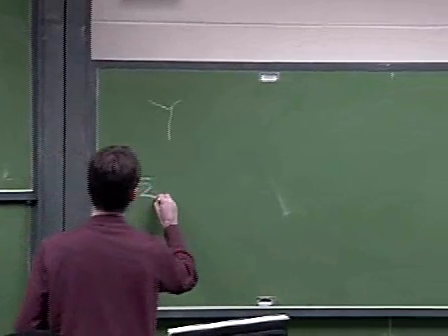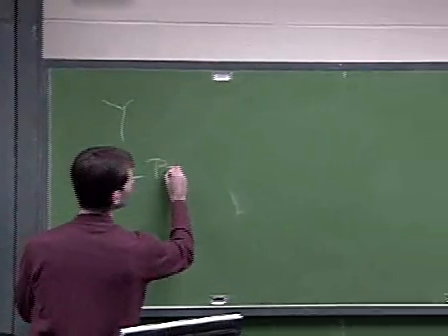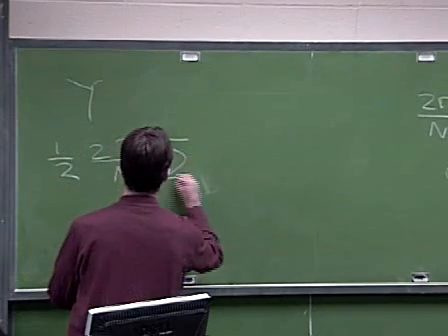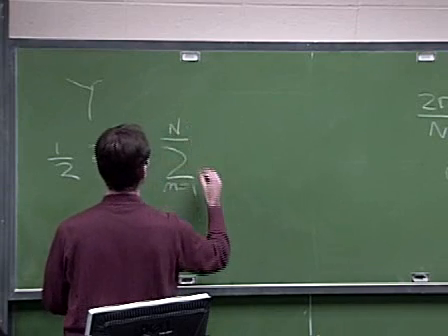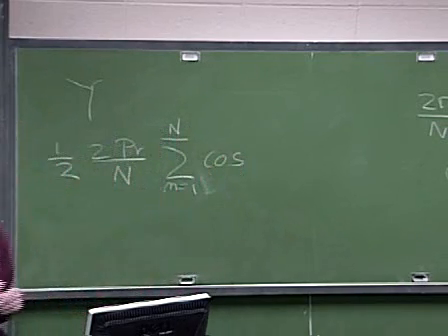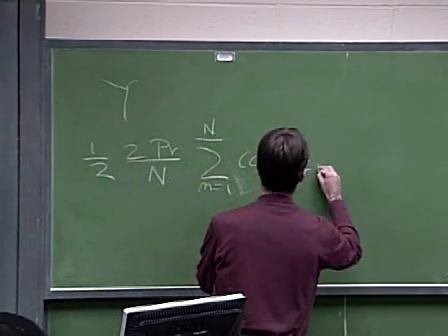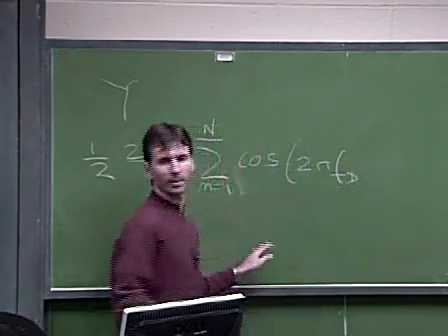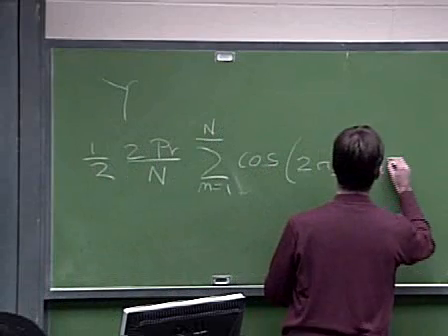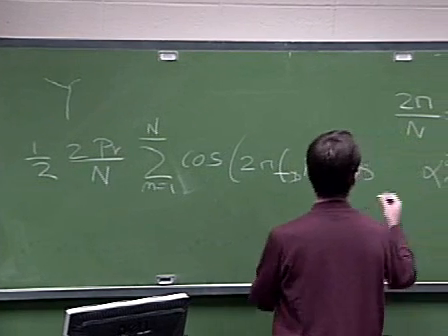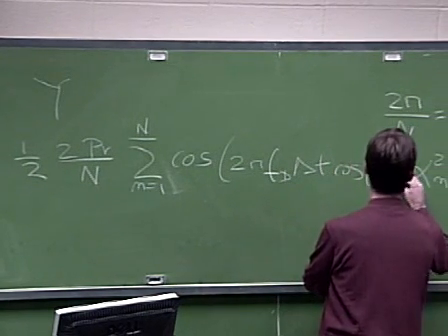So we have 1/2 times alpha_n squared, which is 2 P_R divided by N. Okay, so the summation of the cosine of 2 pi f_d delta t times cosine of n times delta theta.